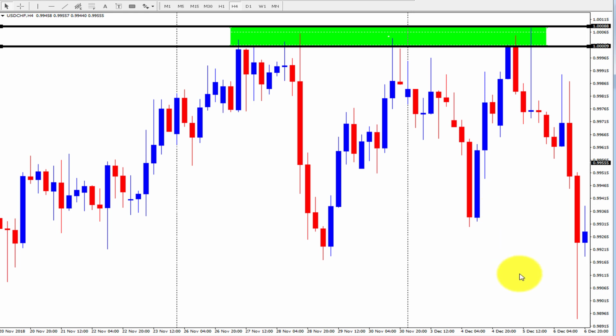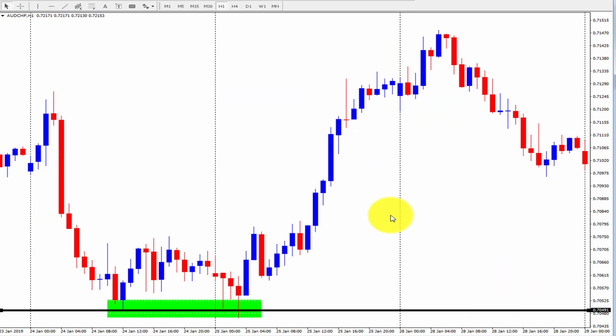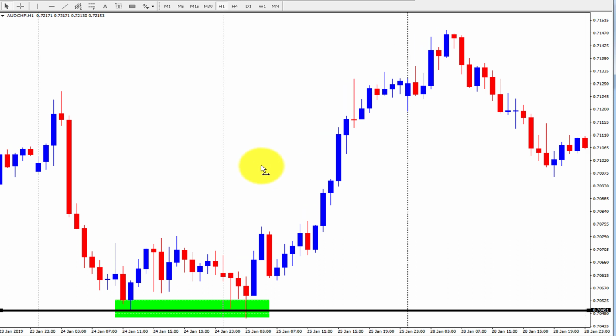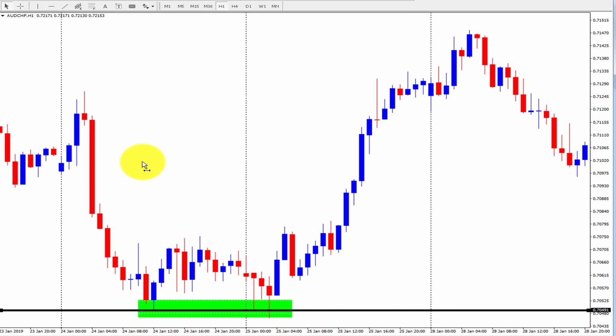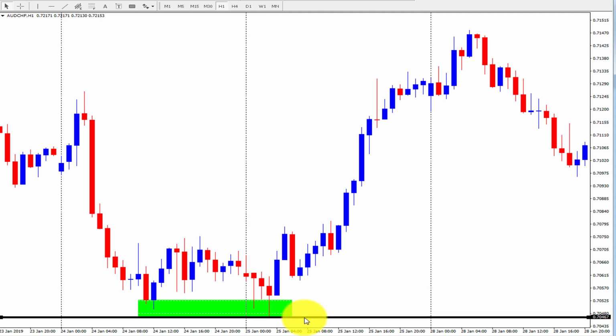Now I will show you another example in another pair. Like here, this is AUD Swiss franc, the Australian dollar against the Swiss franc. Again here, this is our support zone or support level.